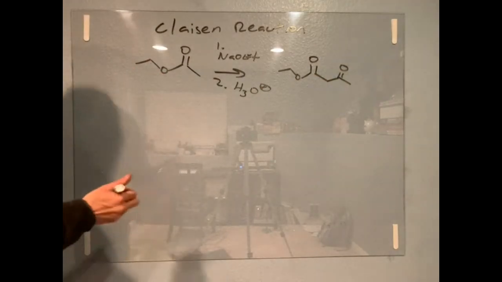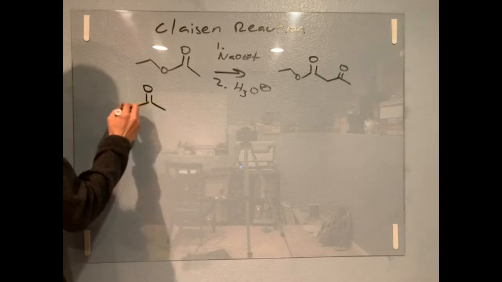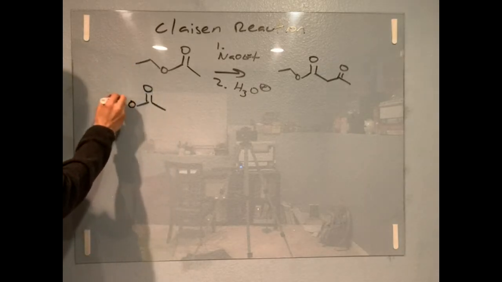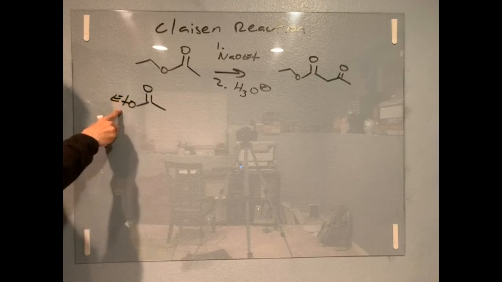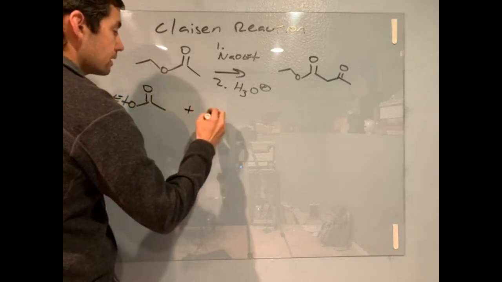So let's go ahead and draw the mechanism for this reaction. What I'm going to do, instead of drawing the CH2CH3, we'll just draw it as Et, which means an ethyl group. Again, we'll use our base, in this case NaOEt.